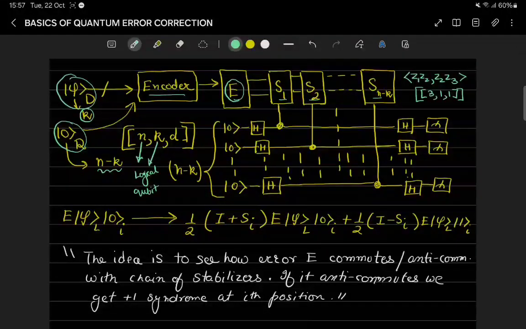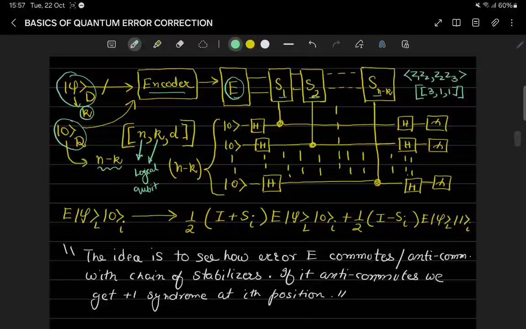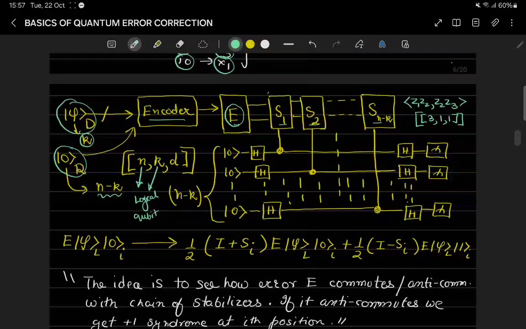Each of the stabilizers commutes with one another, so they can be measured independently. So I have shown this by this syndrome extraction circuit, which is basically this entire circuit here.